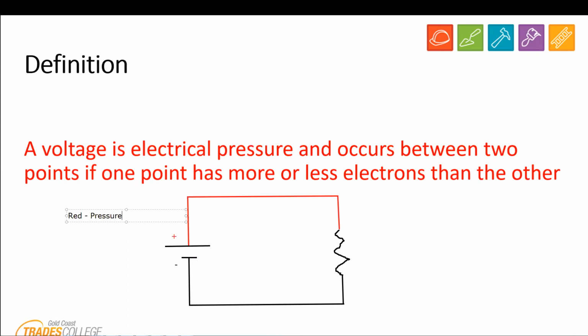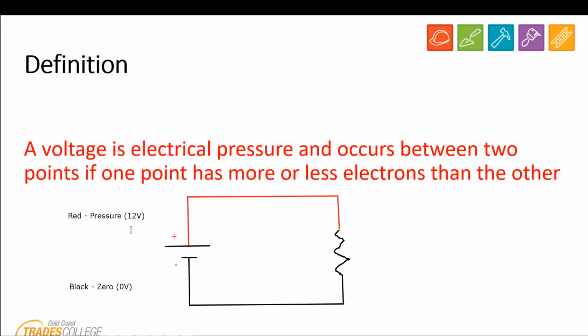So however much pressure, in our case here, we'll say maybe, I don't know, there's 12 volts of electrical pressure. We've always got to then say that the black, which is a negative, is 0 pressure, which would then be 0 volts.